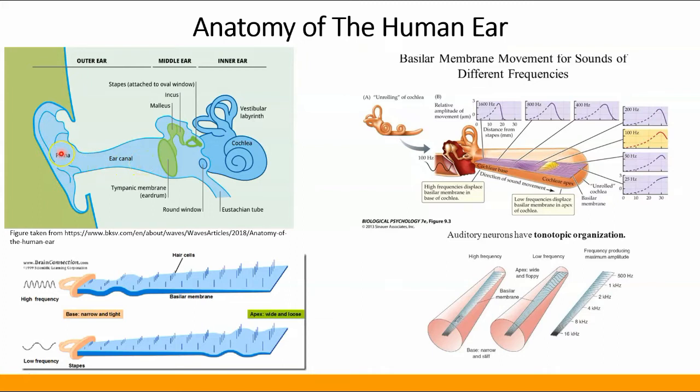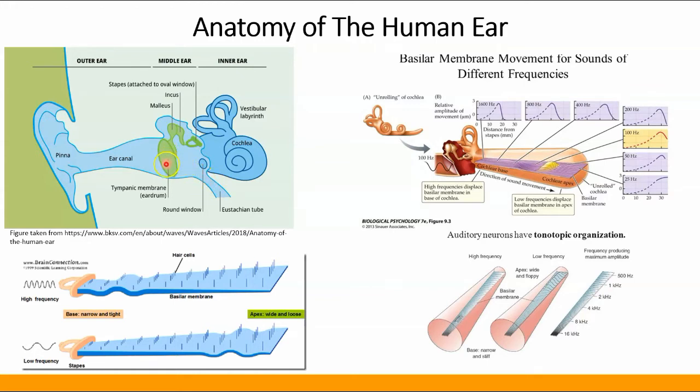The outer ear plays the role of a receiver or acoustic antenna, where it collects sound waves and channels the sound wave to the middle ear through the ear canal, also called the meatus. The middle ear is composed of the eardrum, also called the tympanic membrane, the tympanic cavity, and the Eustachian tube.